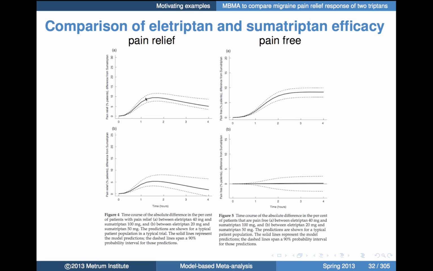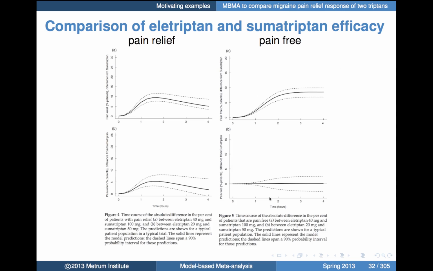So we can see for the higher dose, for both measures, elatriptan shows up as being superior to the sumatriptan.